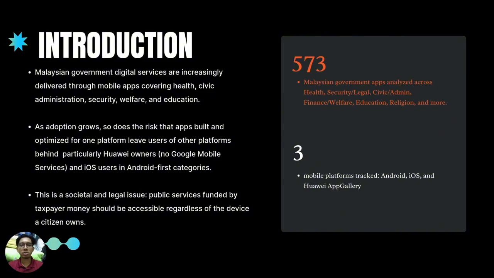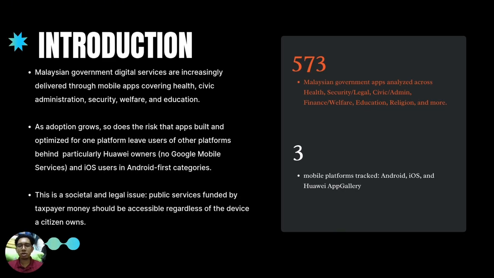Okay, so for the introduction, the Malaysian government digital services are increasingly delivered through mobile apps covering health, civil administration, security, welfare, and education. But as adoption grows, so do the hidden risks. Many of these apps are built and optimized for just one mobile platform.